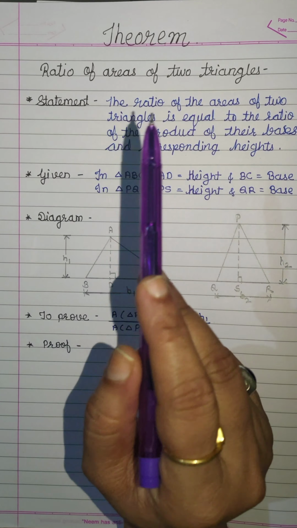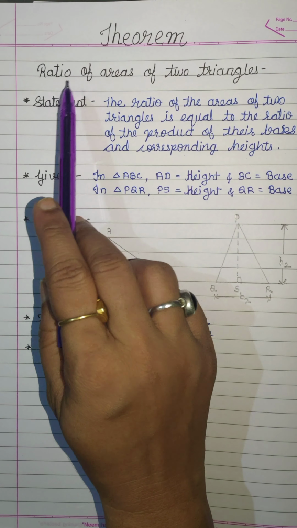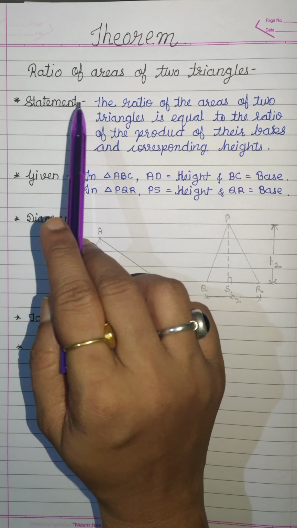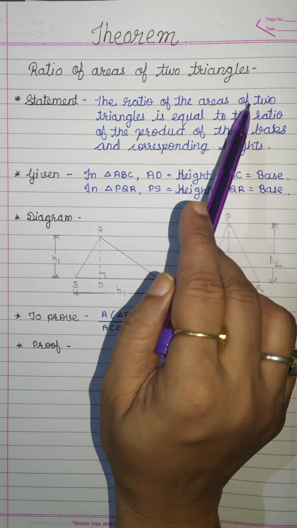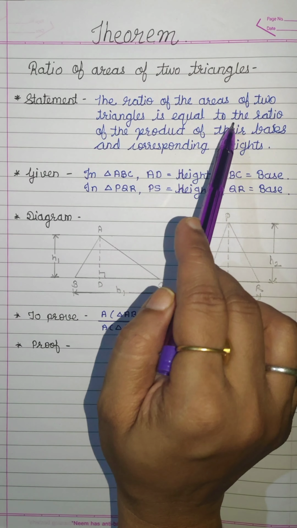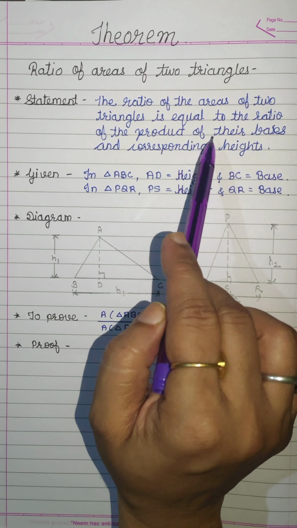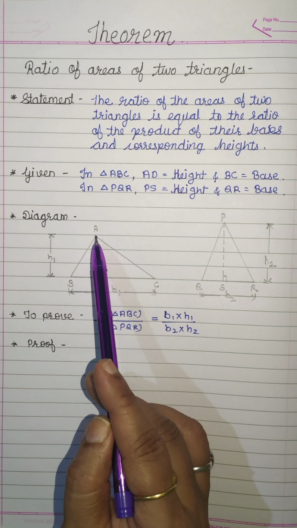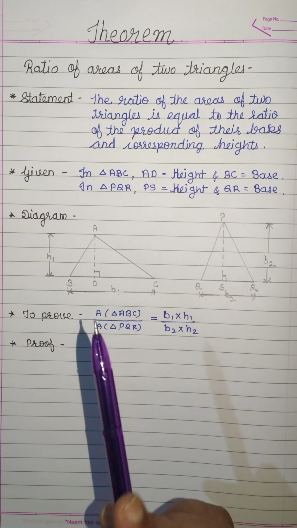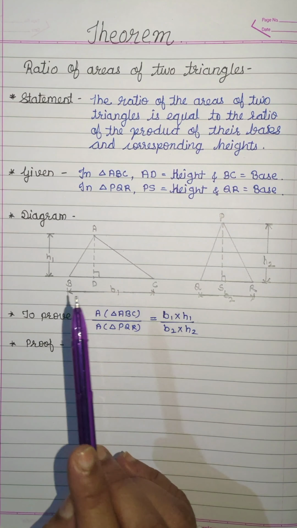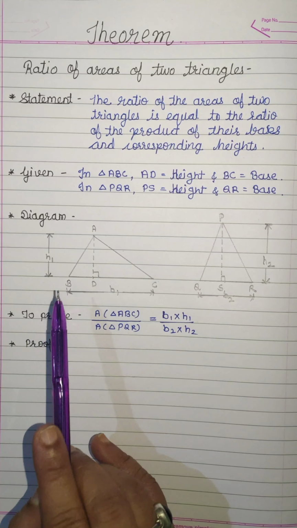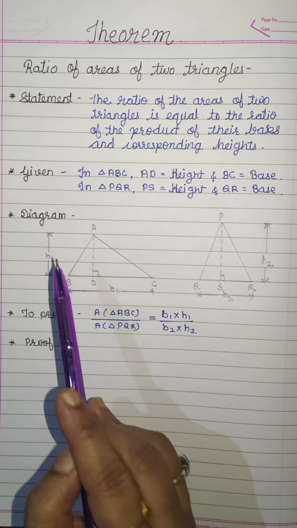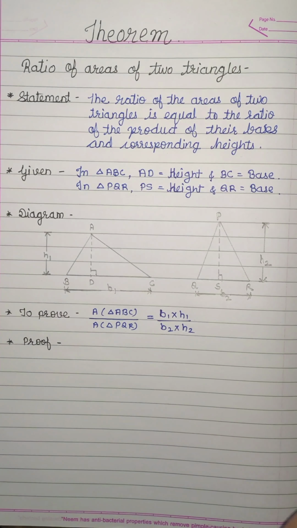Now we will turn towards the first theorem, ratio of areas of two triangles. The statement of the theorem is: the ratio of the areas of two triangles is equal to the ratio of the product of their bases and corresponding heights. Here in triangle ABC, AD is the height, BC is the base. Base BC is indicated by B1 and height AD is indicated by H1.